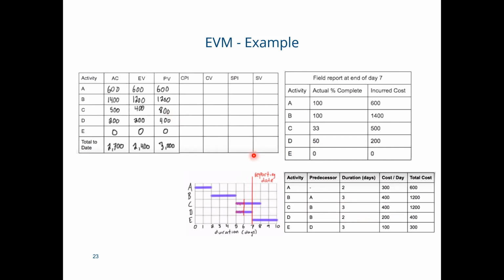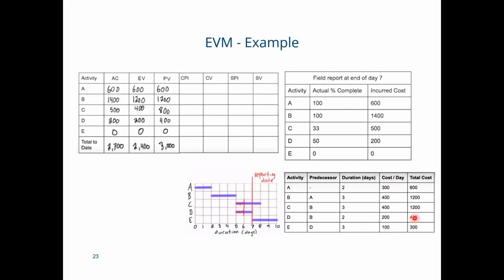Now, the next is our activity D, which you see the budgeted cost for the activity D by the reporting day is 400, because we are expecting that the activity D should be completed by the reporting day.